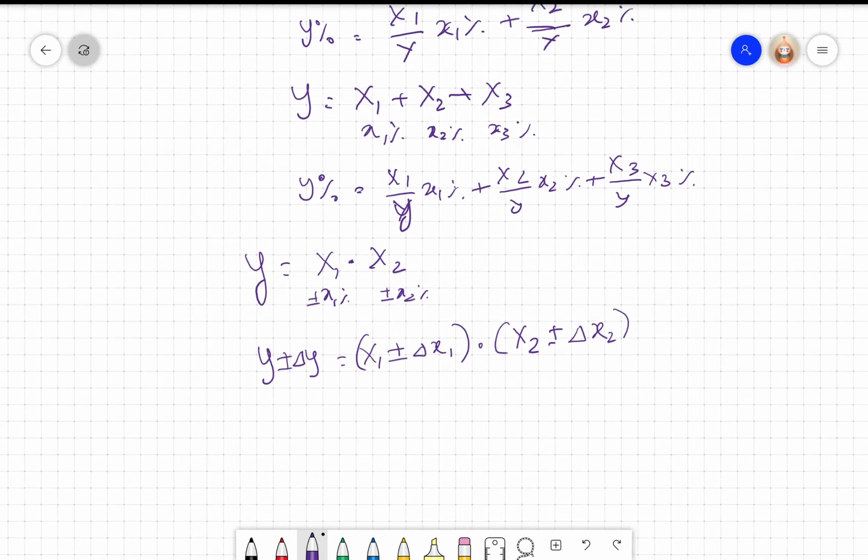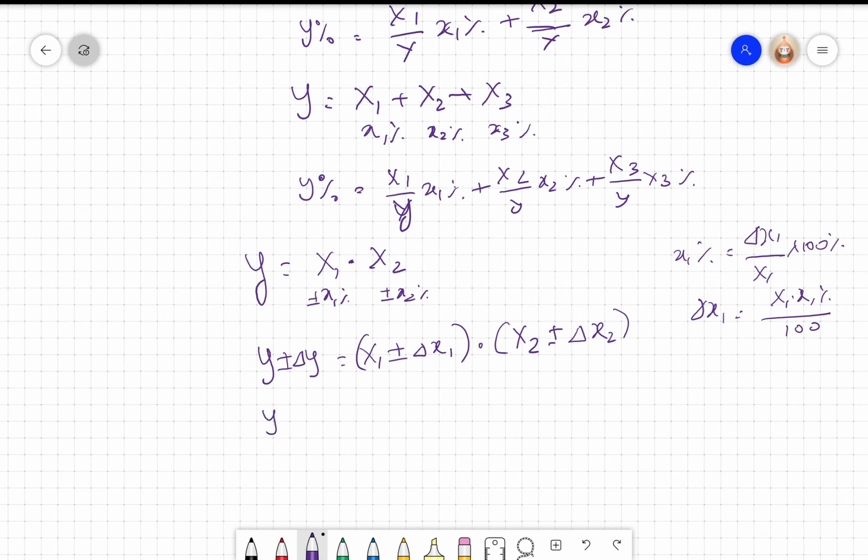If you remember, x1 percent is delta x1 divided by x1 into 100. So x1 percent into capital X1 by 100 would be delta x1. So x1 into x1 percent divided by 100 would be delta x1. So we can calculate this.